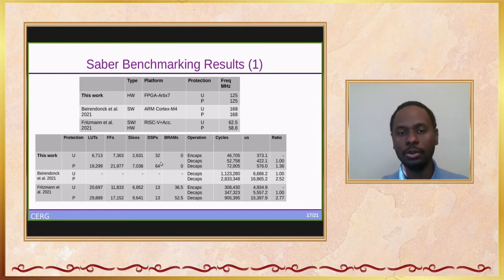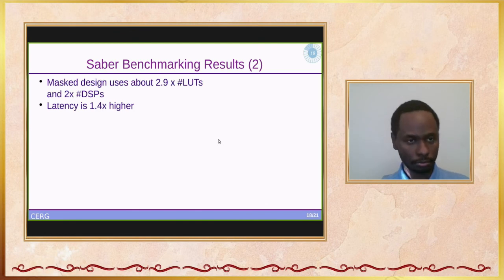The DSP units have also doubled, and we can see that the latency is around 1.36 times. So this summarizes the cost of protection in our design: the LUTs grow by 2.9 times, DSPs by 2 times, and the latency by 1.5 times.